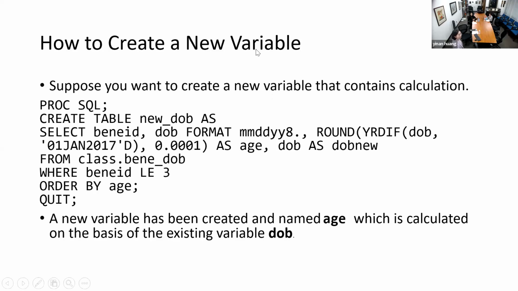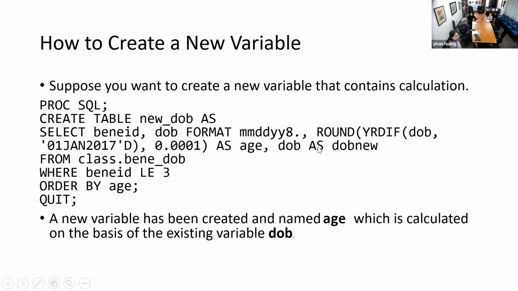We can also create new variables. Like in SAS, we can create a new variable. In proc SQL, when you create a new variable, it's really straightforward. It's embedded in the select statement. You just write the expression, and then AS, and the new variable is created.